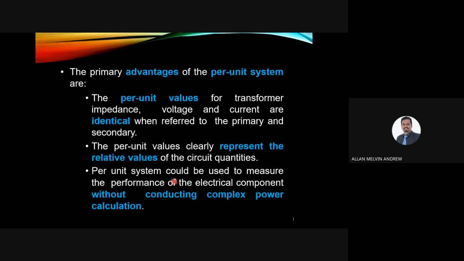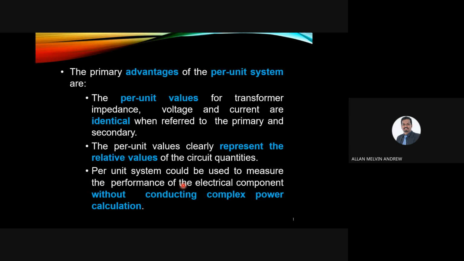So the per unit system could be used to measure the performance of an electrical component without conducting complex power calculation. Imagine I give you a question for the final exam with complex electrical machines and a transformer. Of course you will take more time to do the calculation using complex numbers. If it's a mathematical examination, that's a different story.